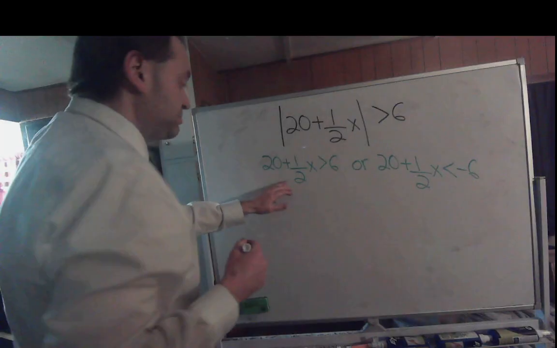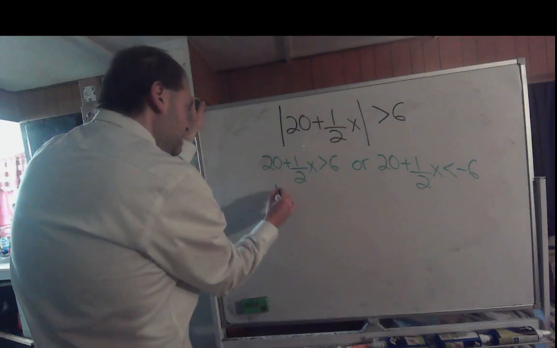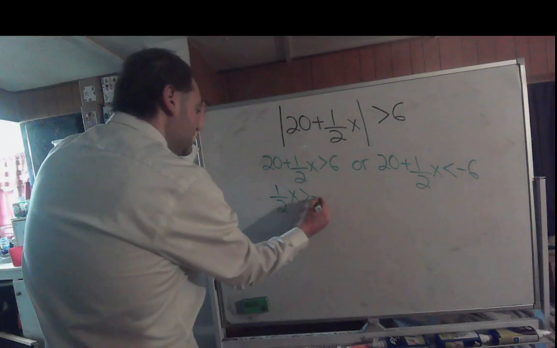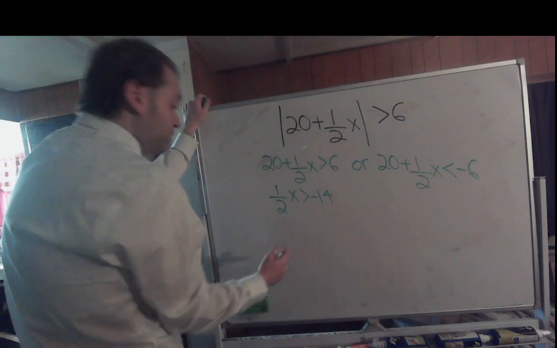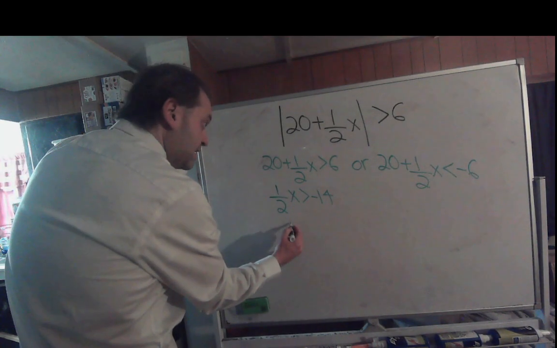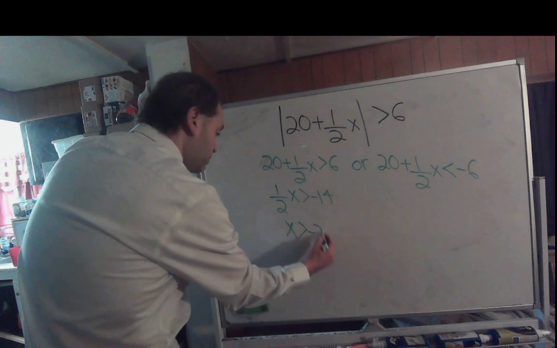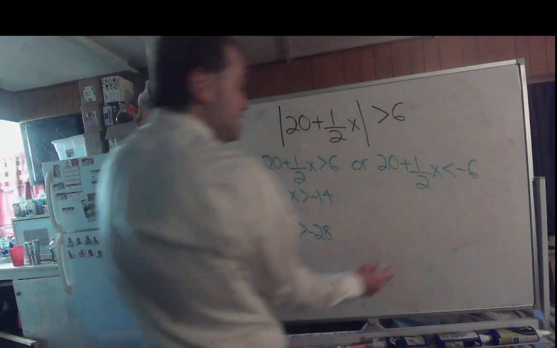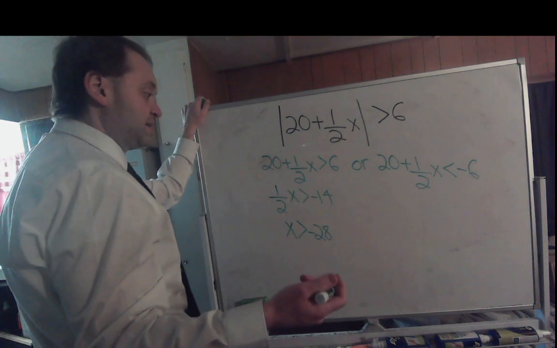Get the 1/2 x by itself on the 20 plus 1/2 x is greater than 6. You would get that 1/2 x is greater than negative 14, which would give you that x is greater than negative 28. Then do 20 plus 1/2 x is less than negative 6.